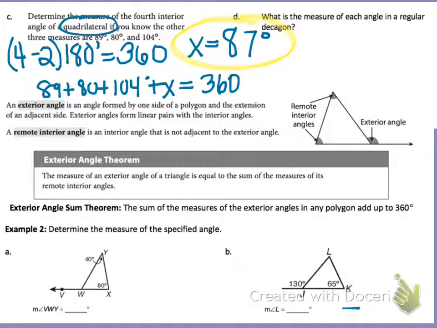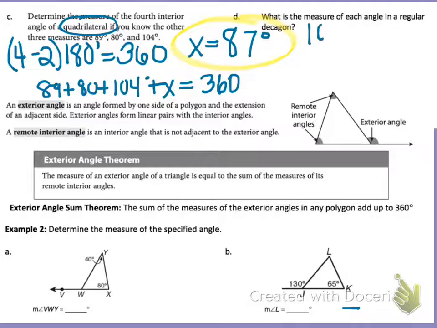So one other type of problem that we can solve using that polygon sum formula is we can actually find an individual angle measure in a regular polygon of any type. Regular means all equal sides and equal angles. So if we wanted to know what each measure of an angle in a regular decagon was, remember dec is 10.